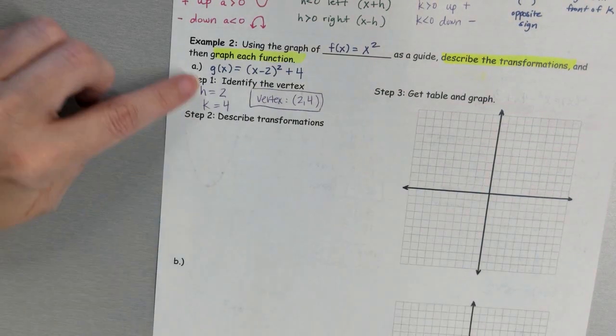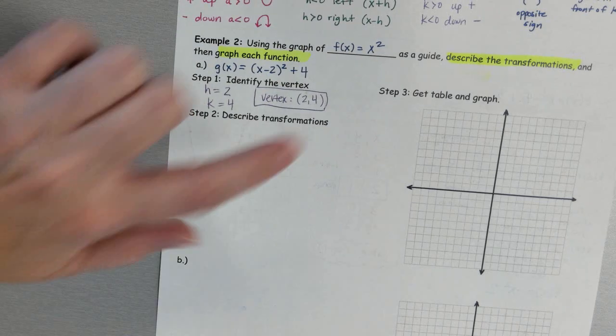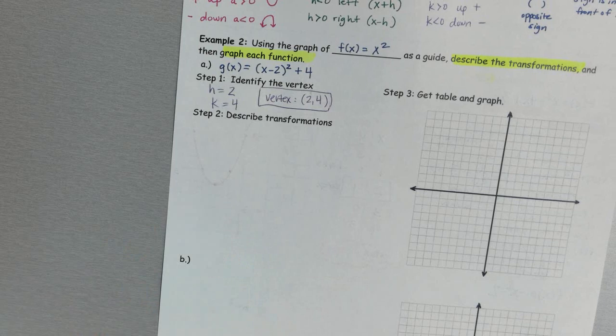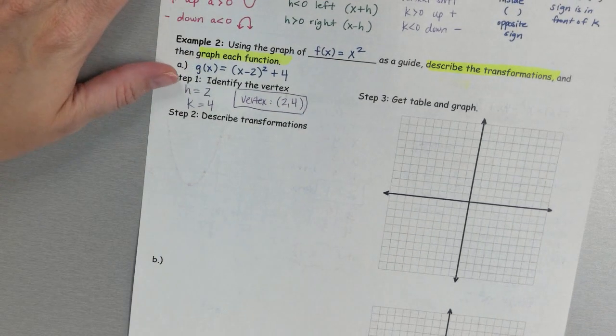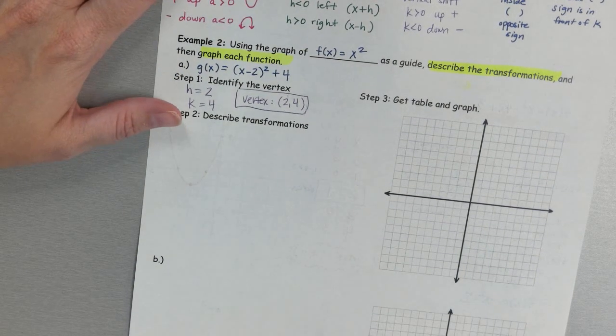I put this as step 2, but you might actually want to do this as step 3 and do the graph as step 2, because then you can see the transformations. That's also something I recommended in chapter 1. So let's do that. We're going to make our table and graph.